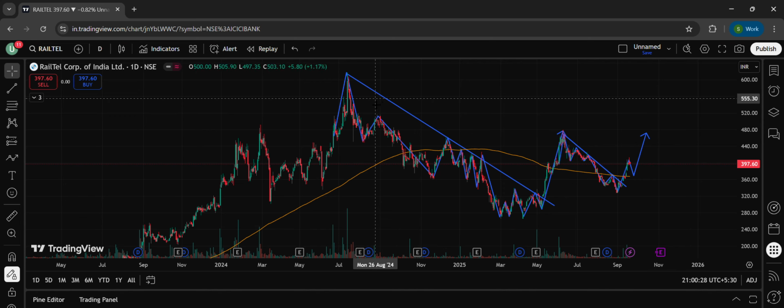So how do we know? All we need to do is join one line connecting all the lower highs, and you get a trend line. The moment it crosses the trend line, it has started changing its nature. Now, if you see, it has crossed the 200 EMA.